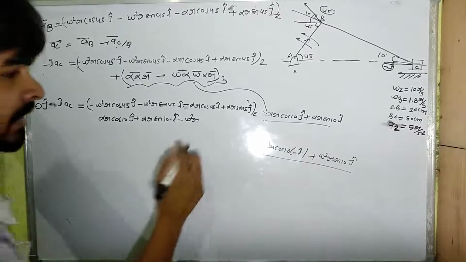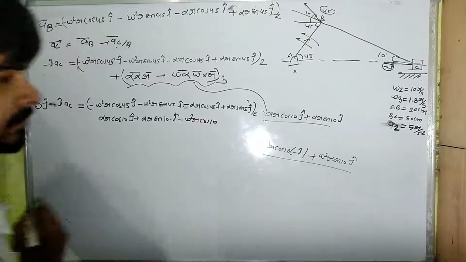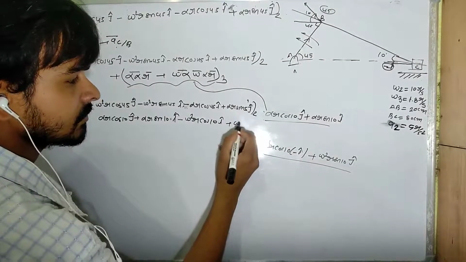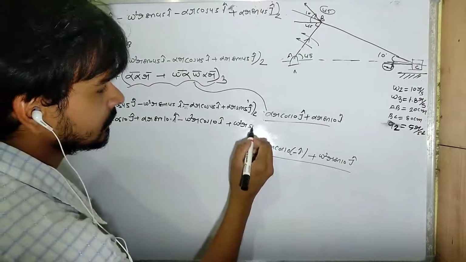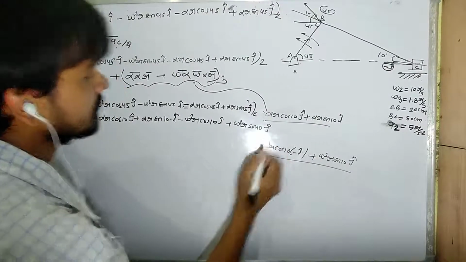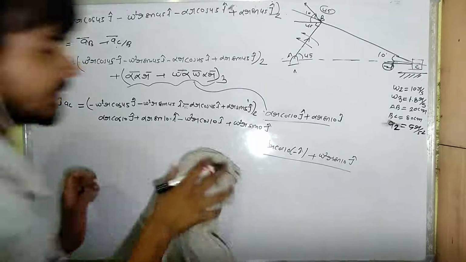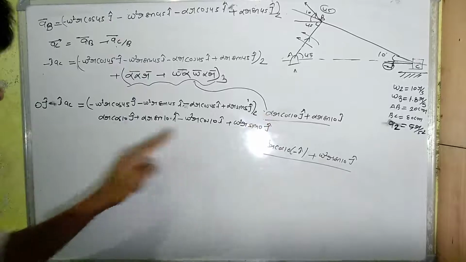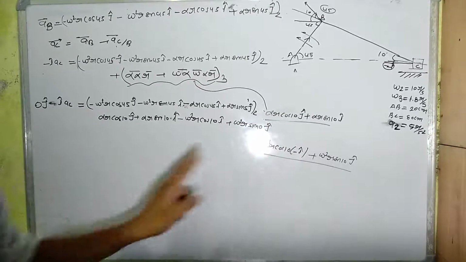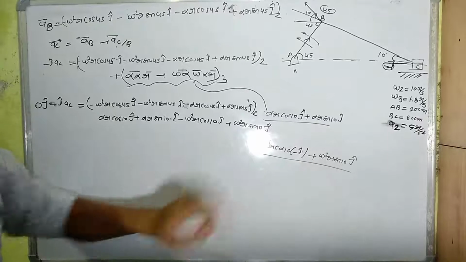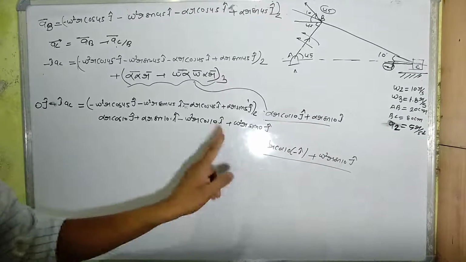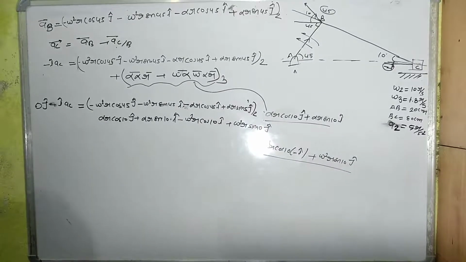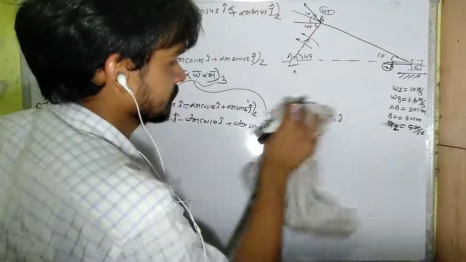Okay, omega square r cos 10 i cap plus omega square r sin 10 j cap. Now I am reviewing this part. Actually once again you have to cross check. So alpha r cos 10, alpha r sin 10, omega square r cos 10, omega square r sin 10, j cap, i cap. Okay, now remove this part.